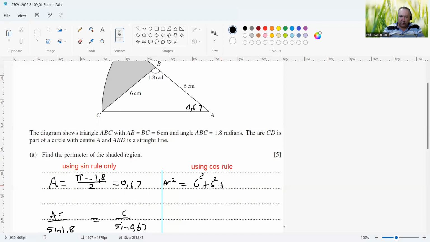6 squared plus 6 squared, then minus 2 times 6 times 6 cos of 1.8.